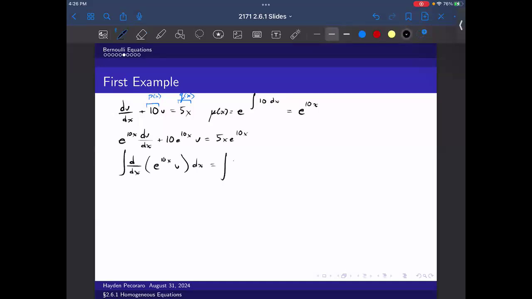How do I integrate this? What's my trick for integrating the right side? It's one of those three that we covered at the beginning of the course. Not U sub.